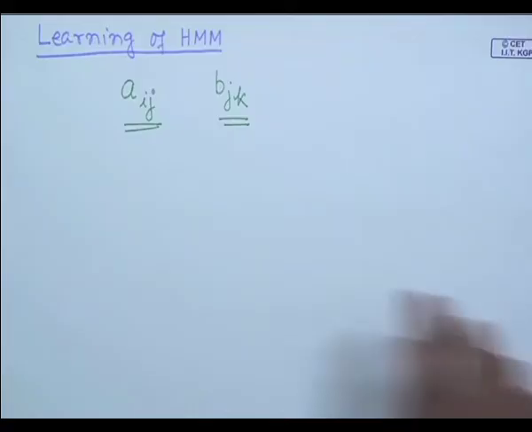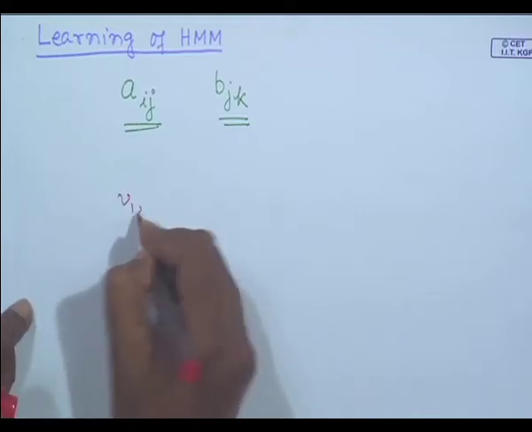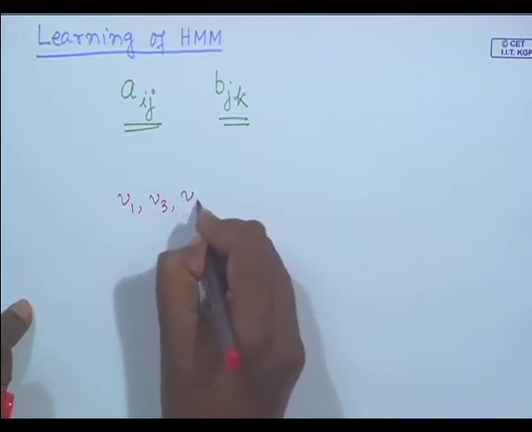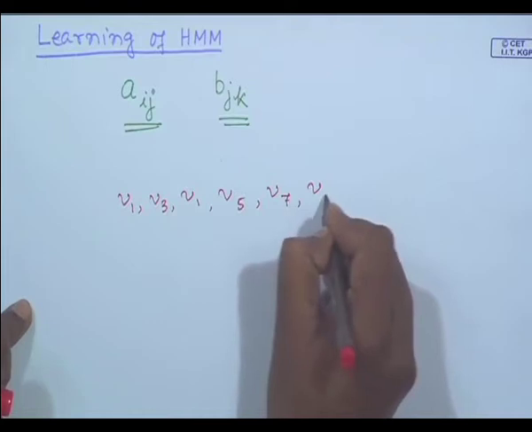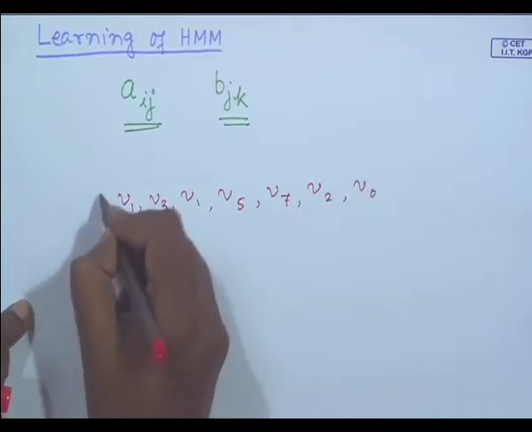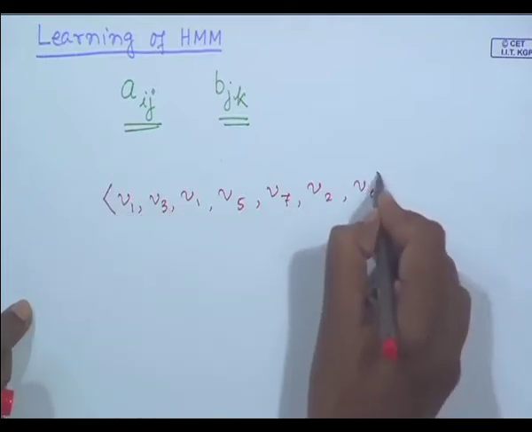Okay. So, what I mean to say is that if I have a set of visible symbols given like this: V1, V3, V1, V5, V7, V2, V0. Suppose this is the sequence of visible symbols.